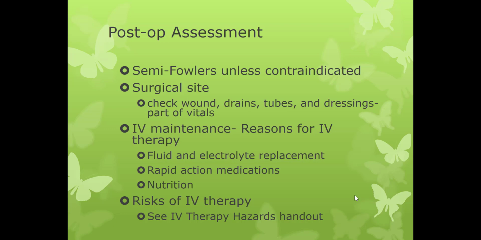So you need to check the wound, eyeball the drains and tubes, just making sure that, if a drain is like, say, a JP drain, and it's got very tiny amounts of serosanguinous, the clear, red looking fluid, and all of a sudden that drain picks up and it's half full of very dark red blood, a little red flag ought to be going off, or little alarm bells ought to be going off in your brain thinking, I'm supposed to be getting excess tissue fluid in this drain.